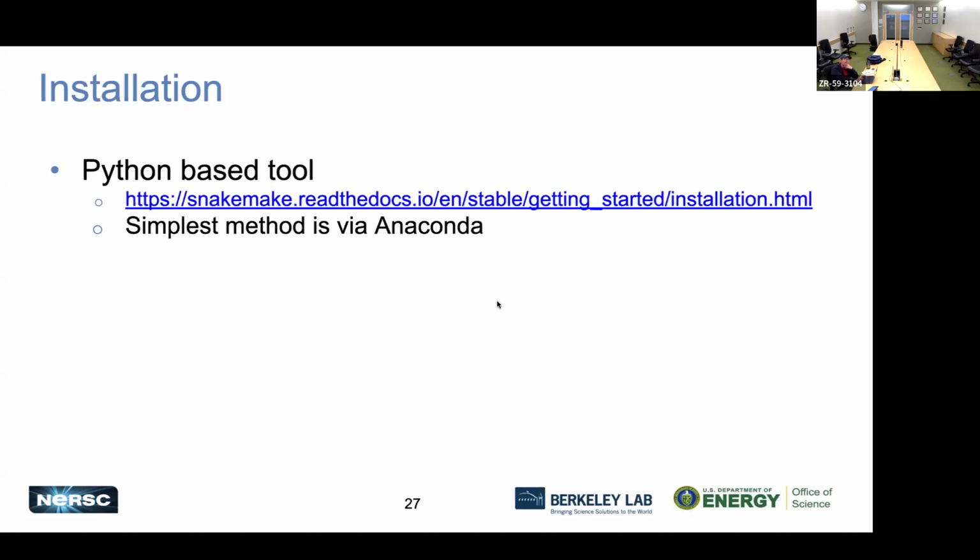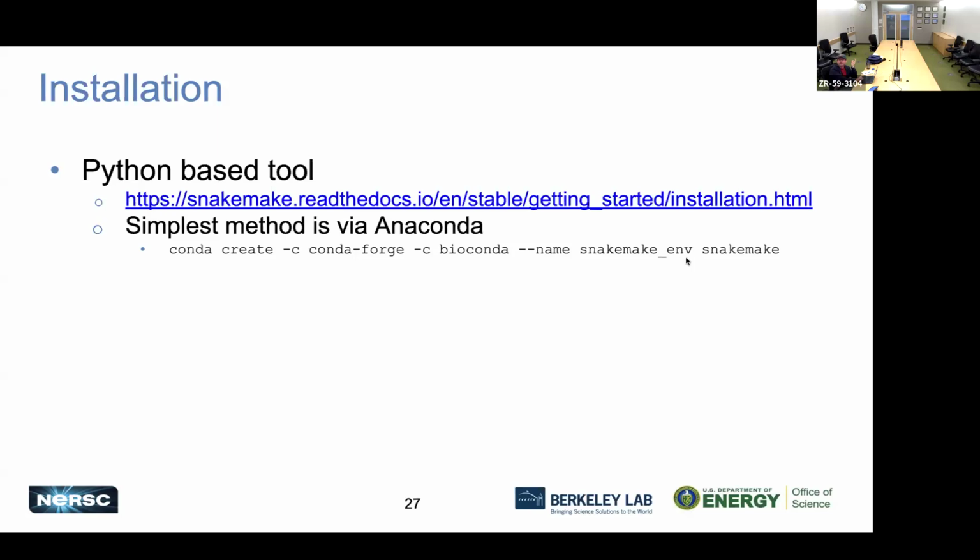The easiest way to get Snakemake onto your machine would be using Anaconda to build an environment with it. So get in your Python environment. At NERSC on Perlmutter, you would do a module load python first, and then create a new environment through the conda-forge and bioconda channels.